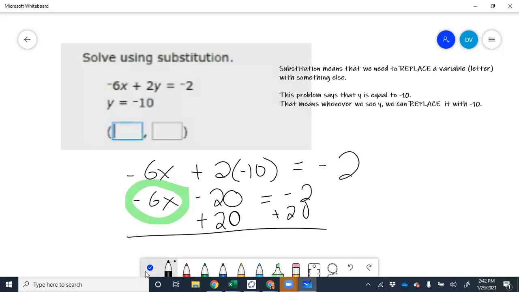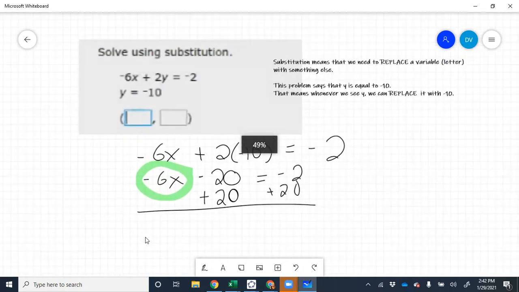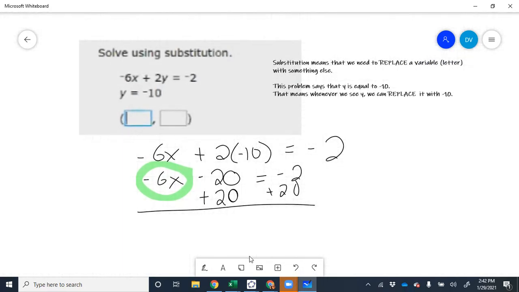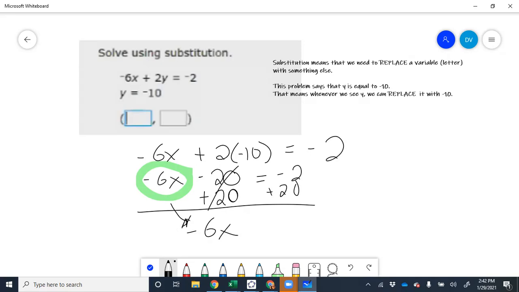Okay. Now we've got, to make more room first, these will add up to 0. We can cross them off, and we're left with -6x, right? That just comes down there. That's just an arrow. And tell me, what do we get if we add -2 and +20? It's the same as 20 minus 2.